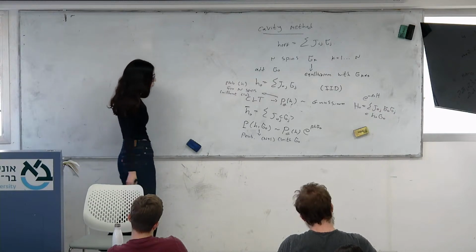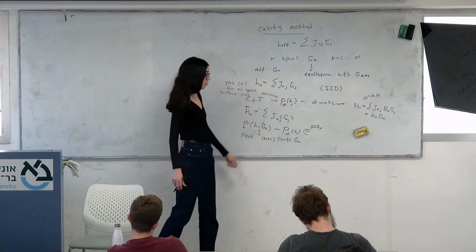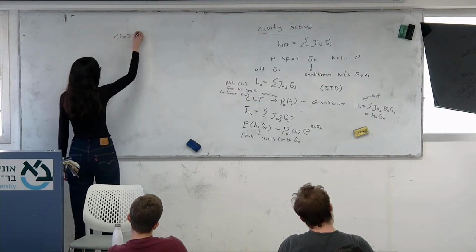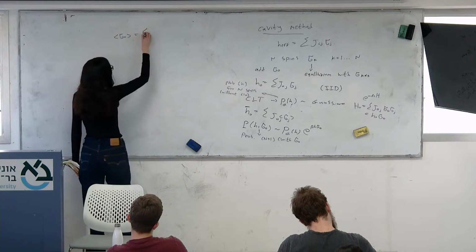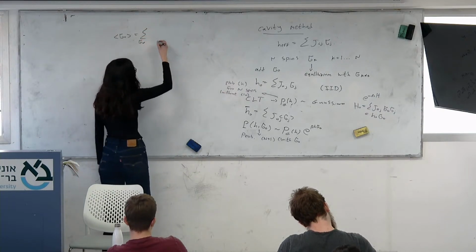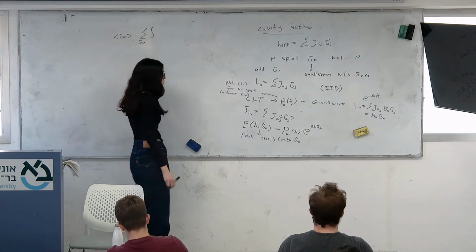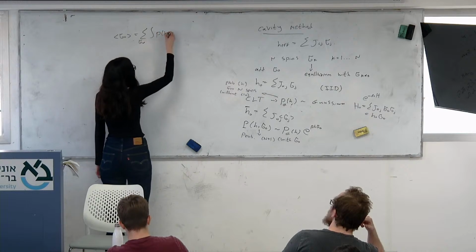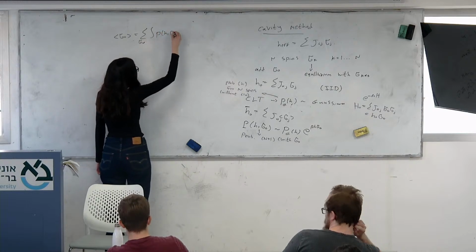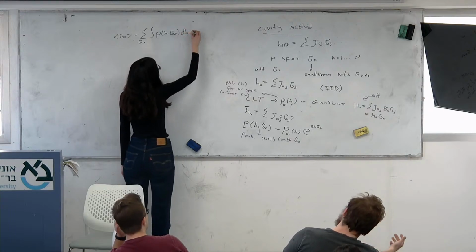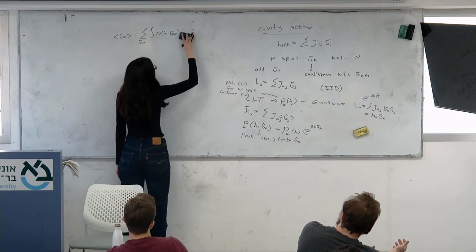If we take this distribution and calculate the average value of sigma 0, we have the summation over sigma 0 equal to plus or minus 1, with the average over the probability distribution, which is a function of h and sigma 0, multiplied by sigma 0.